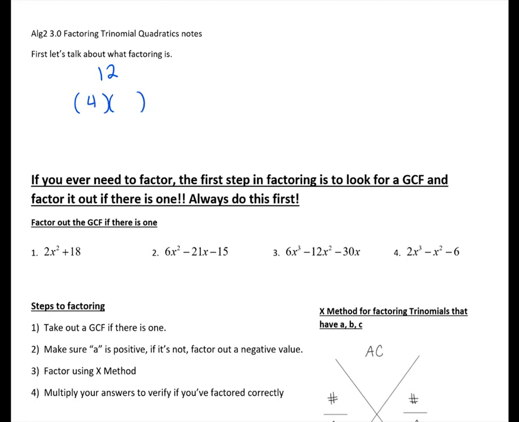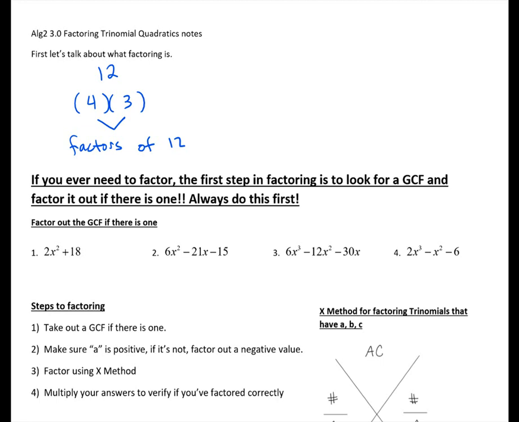For example, 4 times 3 would work, right? 4 times 3 will give me 12. So what that means is 4 and 3 are the factors of 12. If I multiply the 4 and 3, it will give me the 12. Okay, so 4 and 3 are factors of 12.